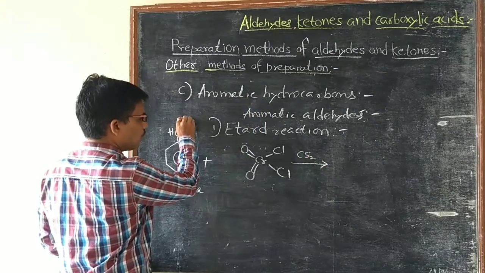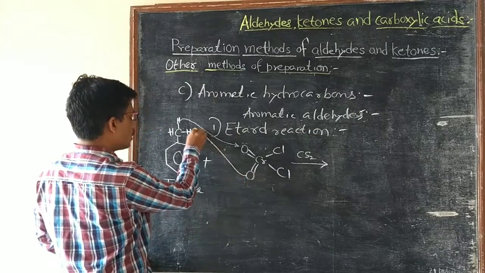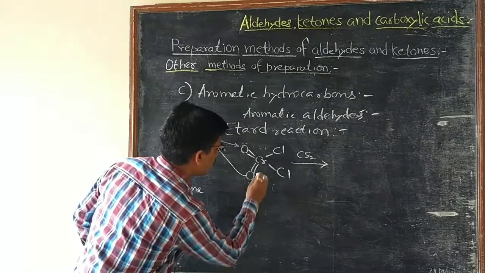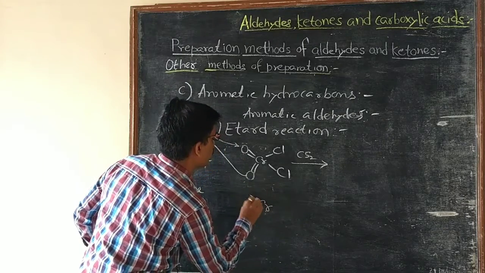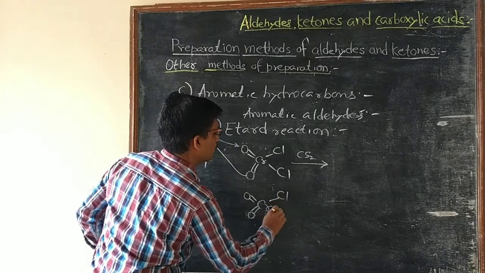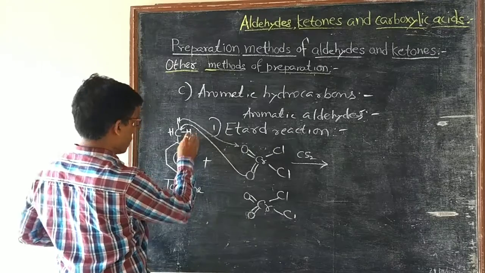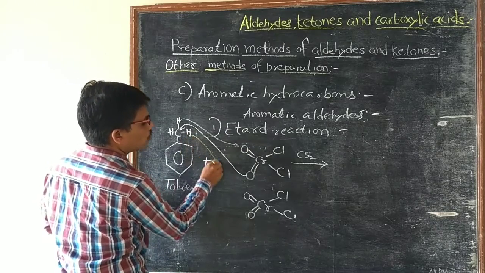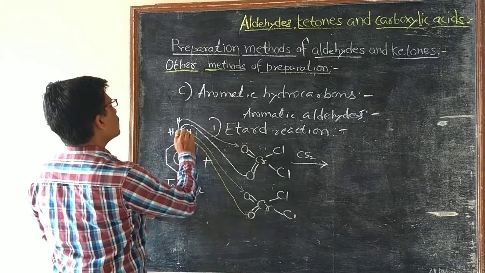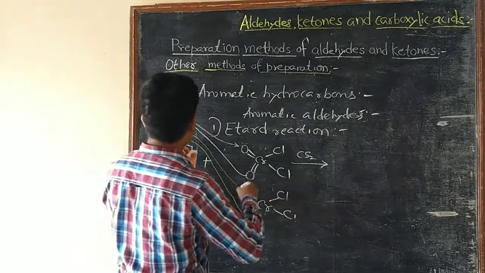Then this hydrogen goes to this oxygen, and this oxygen goes to this methyl carbon, then another chromyl chloride molecule in this case also this hydrogen goes to this oxygen and this oxygen goes to this carbon atom.